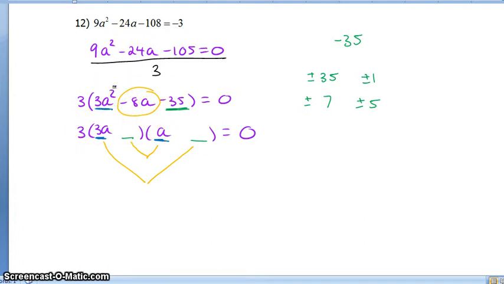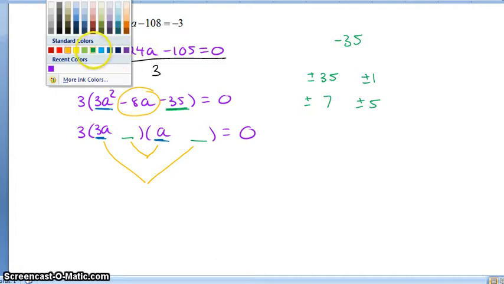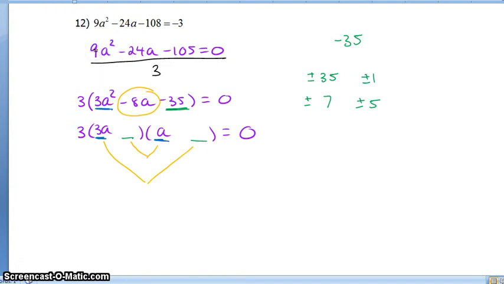Okay, so now what you want to do is just guess some numbers. So let's try 7 and 5, because the difference between the numbers here is only going to be negative 8a. So if we use 35, that's going to give us a huge number. And probably 8a is going to be a little too small for that. So let's try 7 and 5.